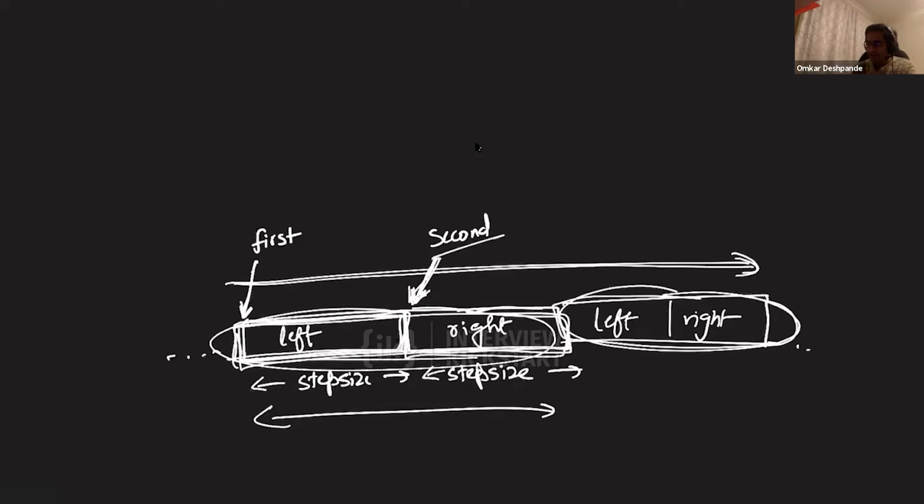That means the right subarray is going to start at index first plus step size. The length of this subproblem will generally be step size, but if we are looking at the rightmost pair, it's possible that this might be shorter.